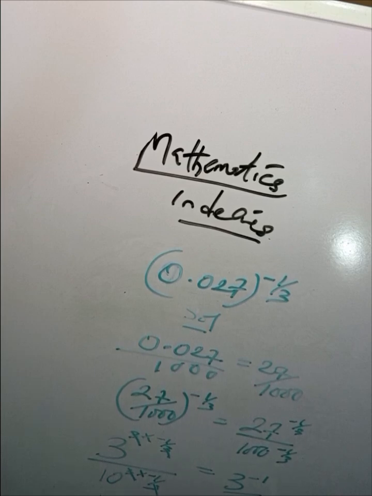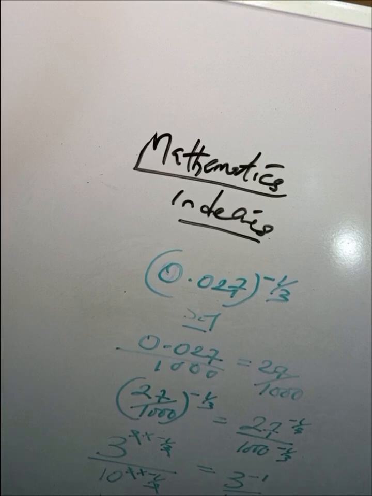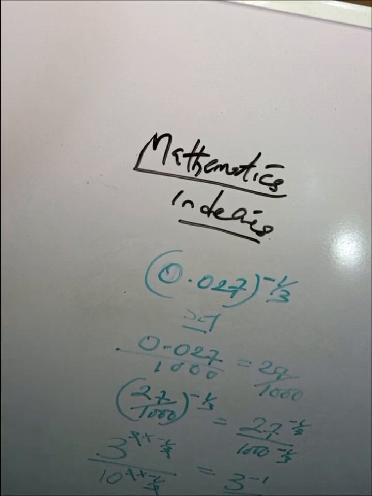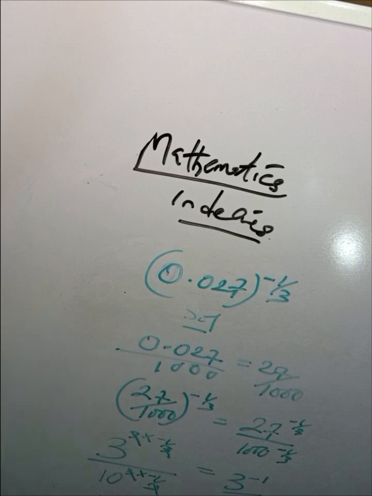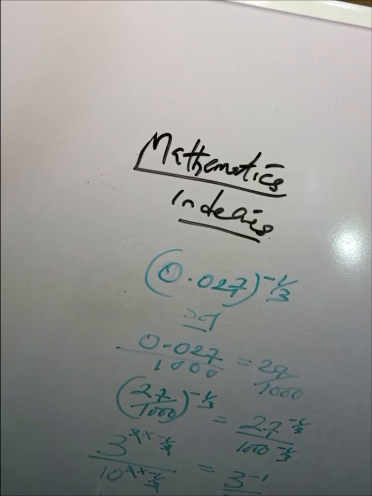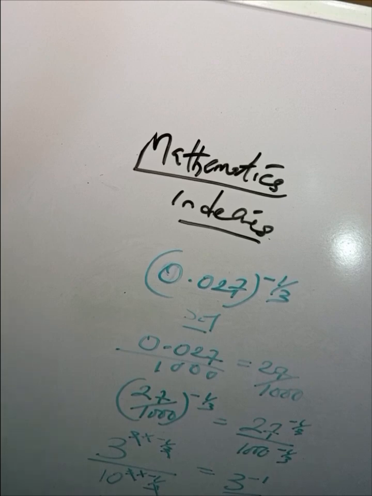So what is the answer? 10 over 3. So the answer is 10 over 3, or you can still divide to the simplest fraction. That will become 3 whole number and 1 over 3, right? So that is it.